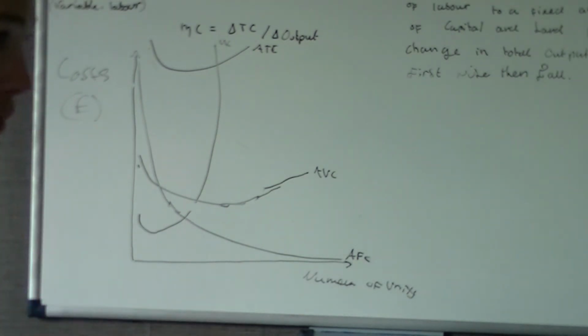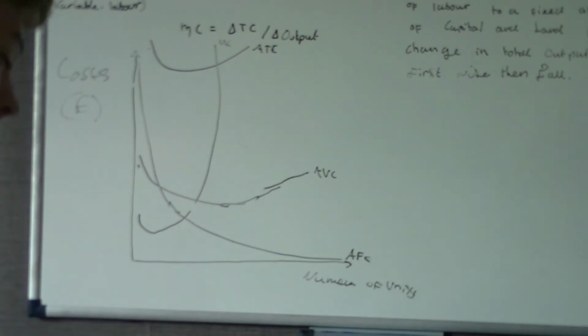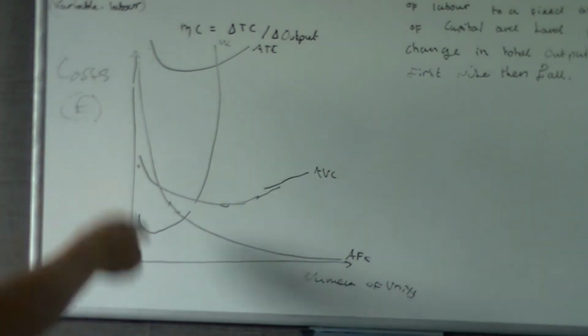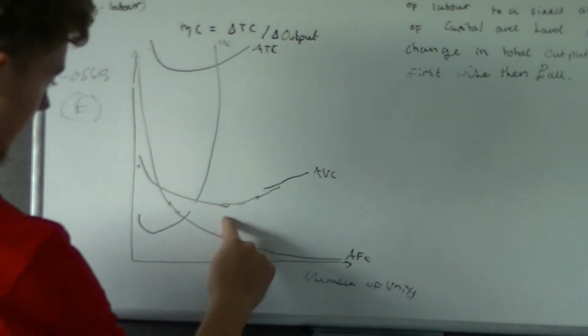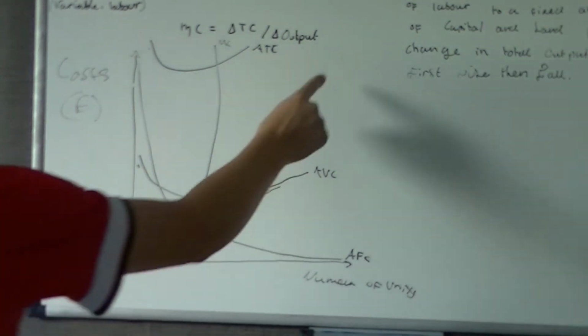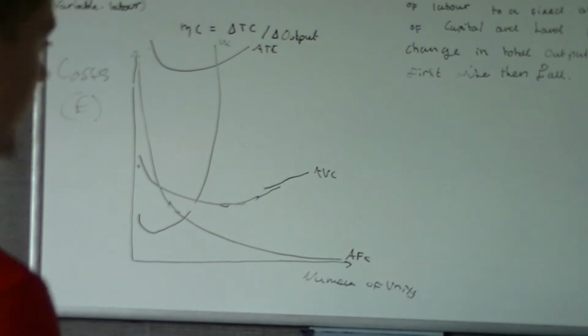Or a pen, for example: someone making the lid, someone making the ink, putting it in there, and then the nib. You produce more units with the same workers by splitting up the task. That's why it falls initially, because you're giving tasks to more people. However, it finally increases because of the law of diminishing returns, which says people are getting in each other's way, and that's the average variable cost.